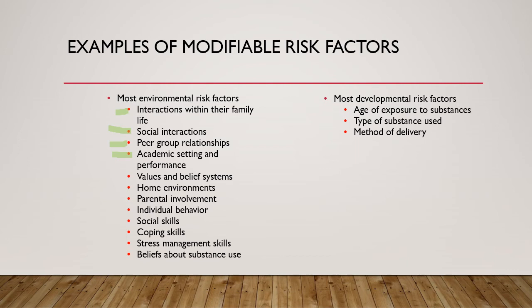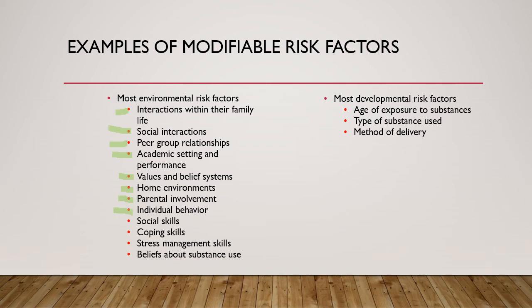Values and belief systems, although those are probably hard to change, they can be changed. Home environment can change. You can change the home that you live in. The attitude of the environment, the energy of the home can change as well. Parental involvement, parents can go from not being involved to being involved, or vice versa.